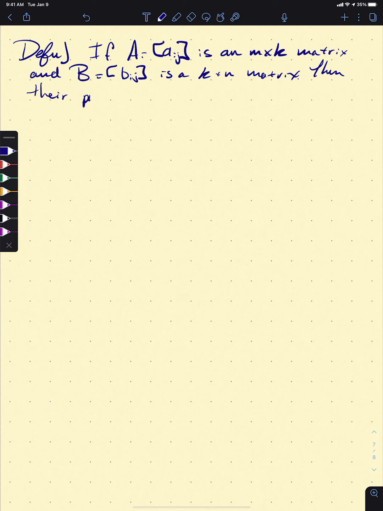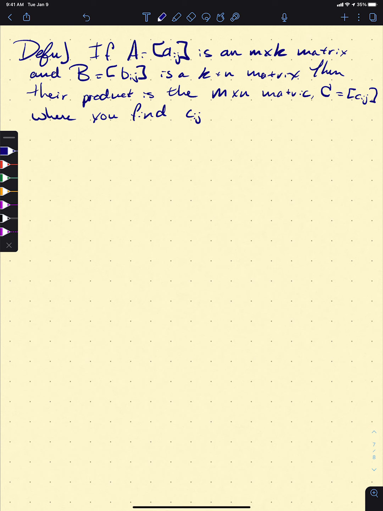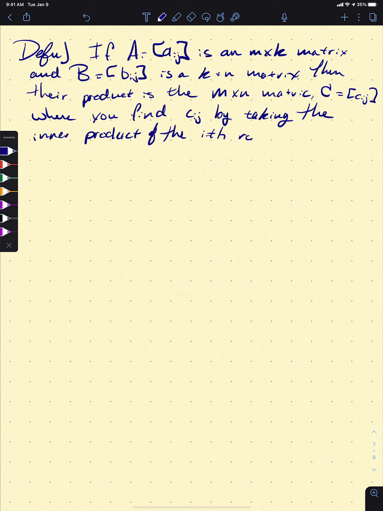Then their product is the M by N matrix, which we knew, C equals a bunch of Cij's, where you find some arbitrary element Cij by taking the inner product of the ith row of A and the jth column of B. This seems a little confusing, and it does take a little bit to get a handle on it.